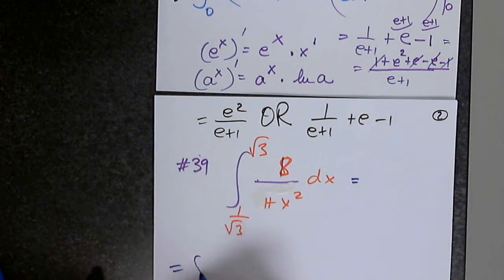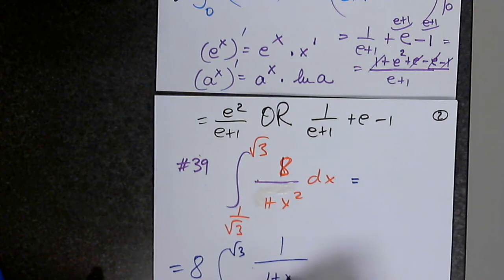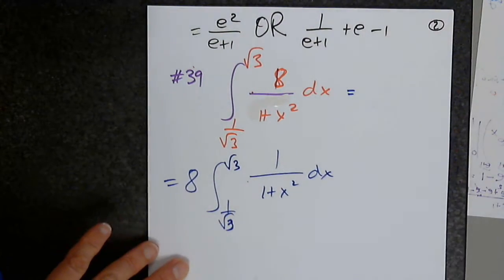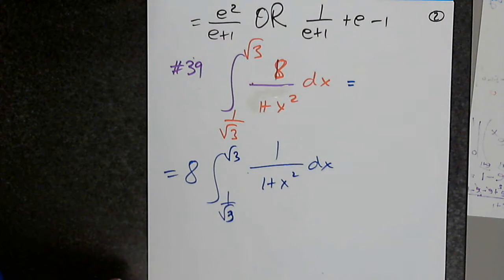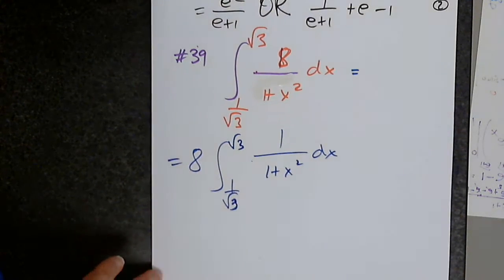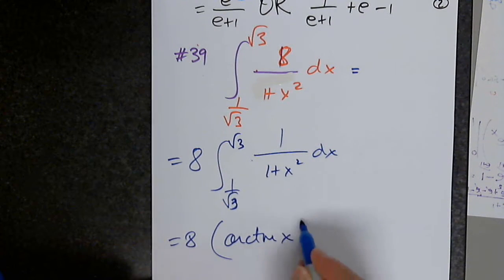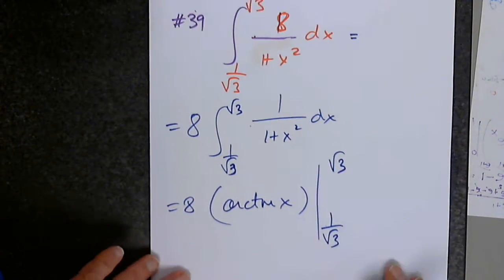So this is obviously 8 times the integral from 1 over the square root of 3 to the square root of 3 of 1 over 1 plus x squared dx. Okay, so that's what I didn't do. I didn't move 8 out. So now, which function has the derivative 1 over 1 plus x squared? Thank you. So this is 8 arctangent x from 1 over the square root of 3 to the square root of 3.